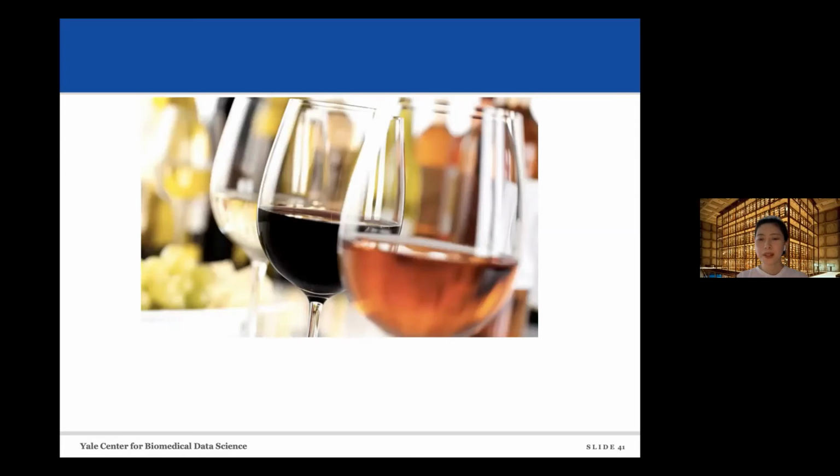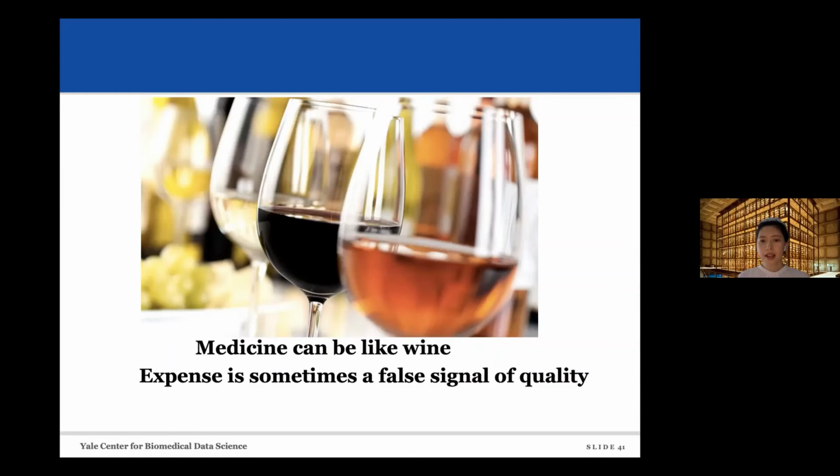While doing biomedical data related research, there are so many fancy tools and algorithms and models and stuff like that. But fundamentally, what we need to keep in mind is our ultimate goal, which is to improve human well-being and health. People say medicine can be like wine: expensive tools and fancy toys are not the real signal of quality.